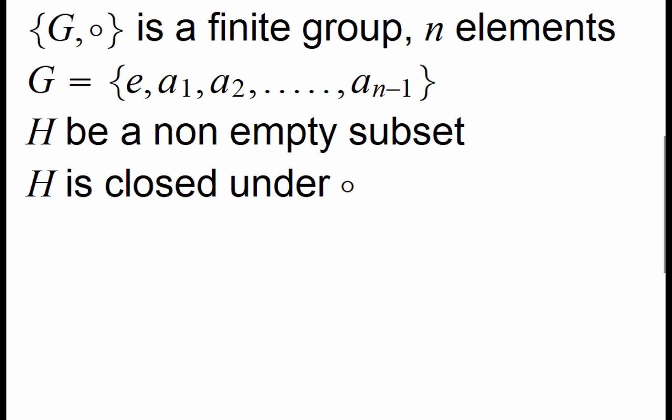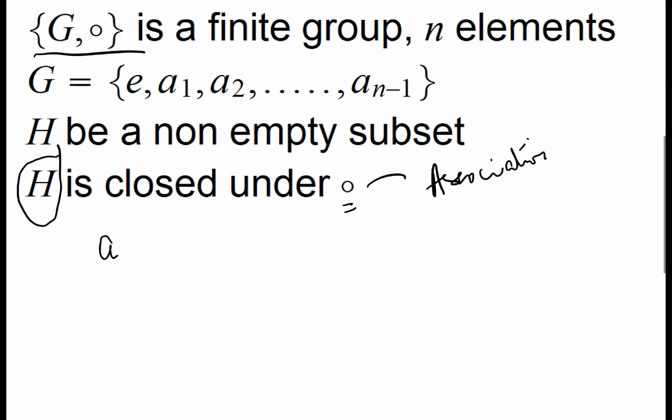So now H is closed under the operation, and this is an associative operation because G is a group. So we have to show inverse and identity in H, right? Okay, so let's take any A in H. And if A is E, then the job is done, right? It has identity and A is its own inverse.